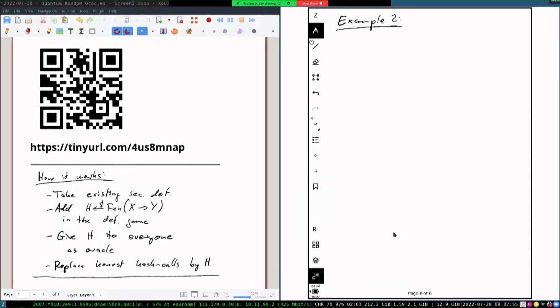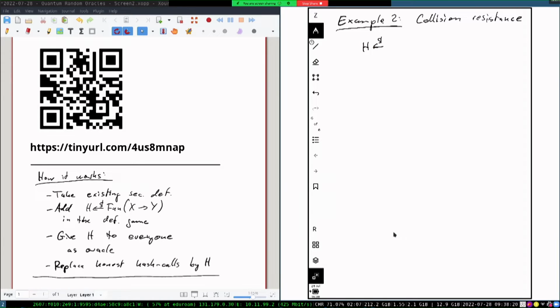Example 2. Collision resistance is also something that we could state. If we can spell it, yeah, I think I managed. So there I will not go through first classical, then quantum, and so on. Let me just state it.